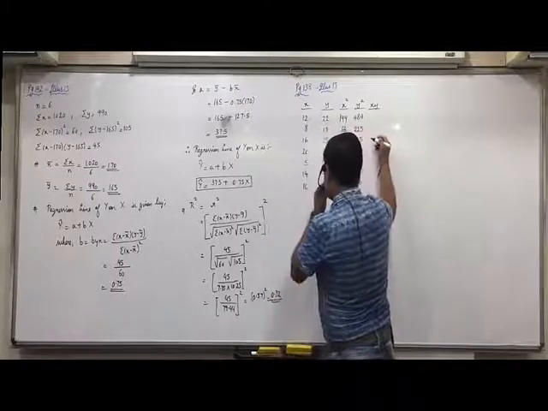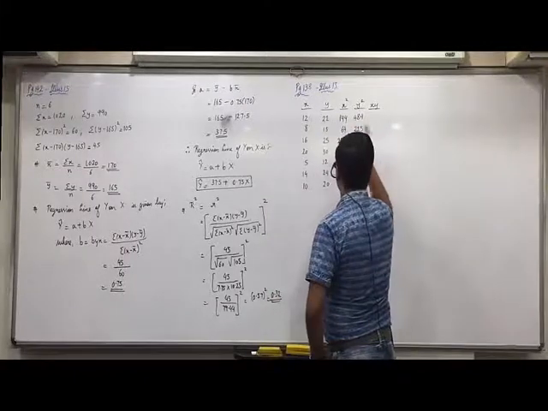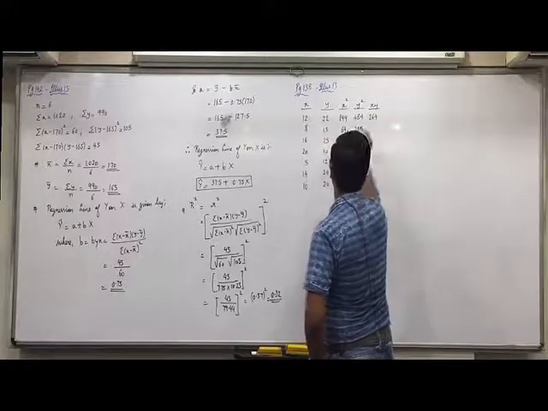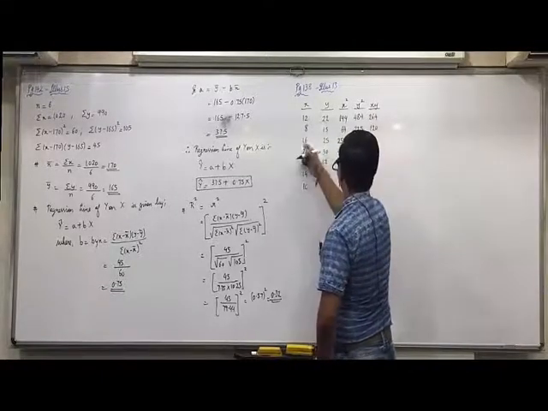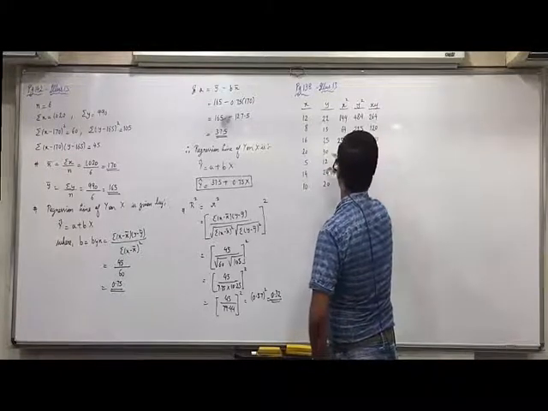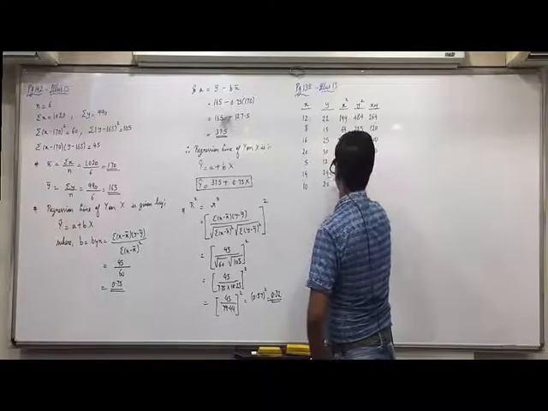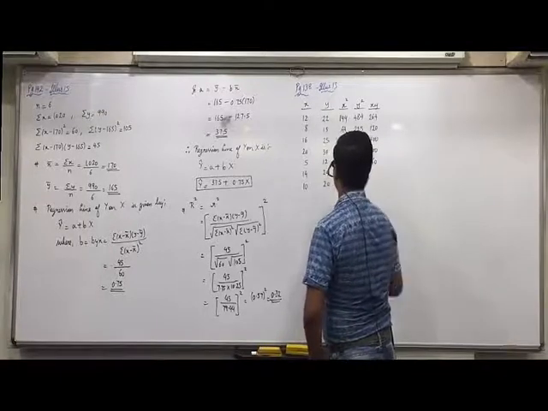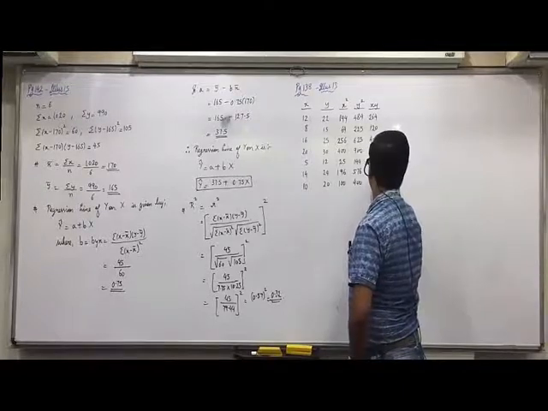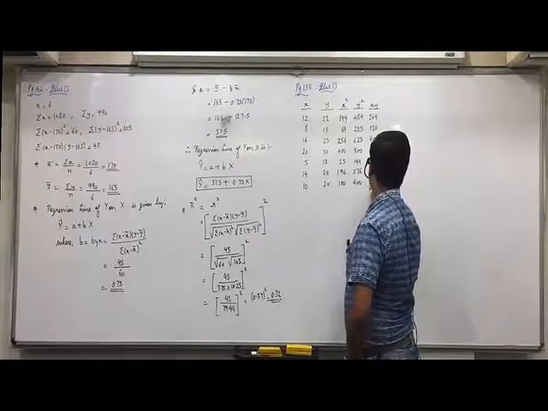X into y: 12 into 22, 264; 8 into 15, 120; 16 into 25, is it 400; 20 into 30, 600; 5 into 12, 60; 14 into 24, is it 336? Yes. And 10 into 20, 200.